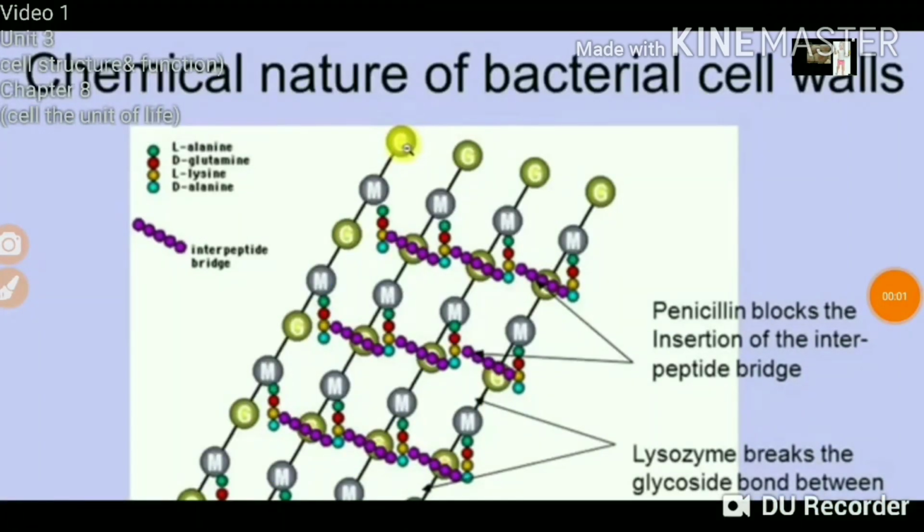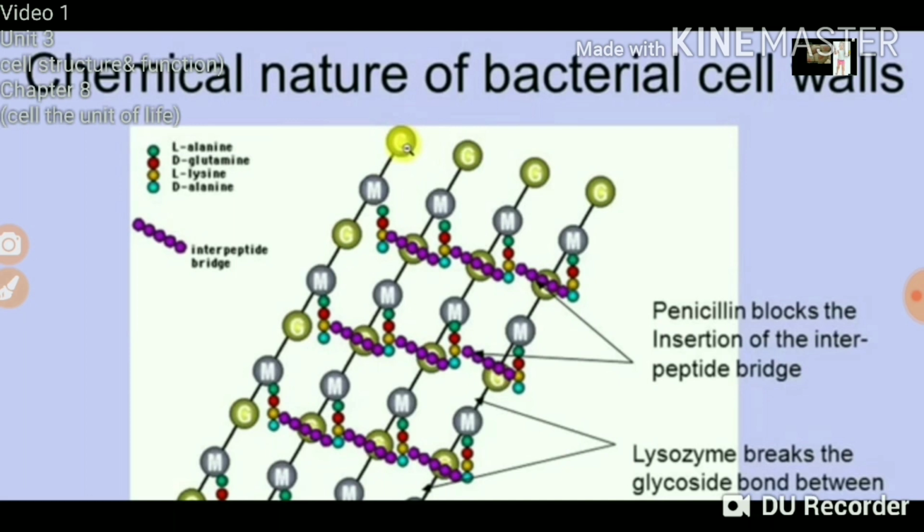Then what would be the defensive mechanism of our body against these bacteria? Actually, the cell wall protects the plasma membrane and protects the organism from external pressures. Our body secretes lysozyme. Body secretions like tears, saliva, and sweat contain substances known as lysozyme.